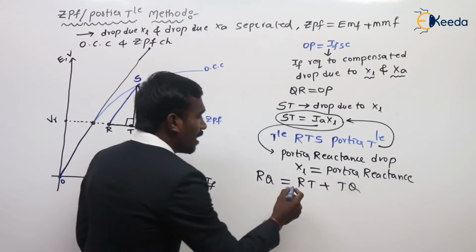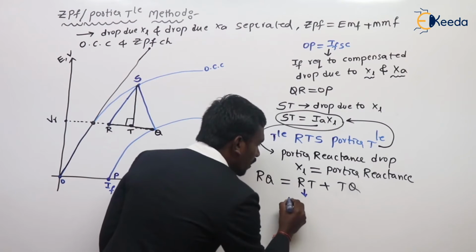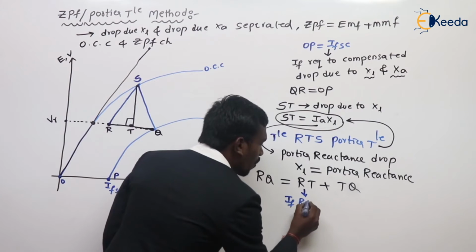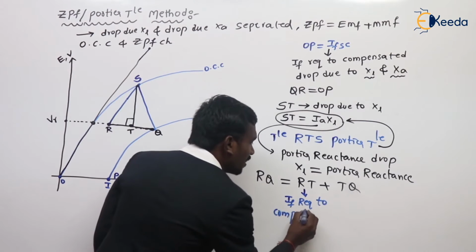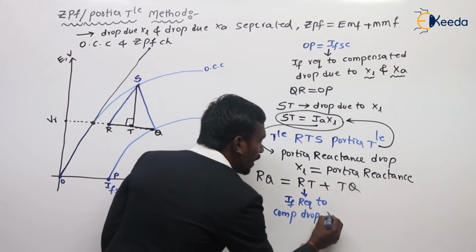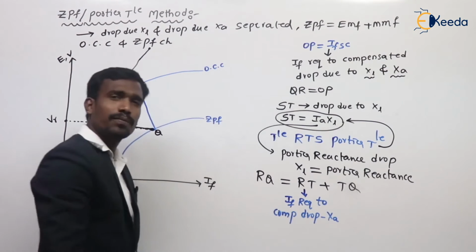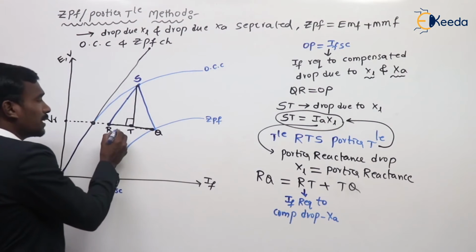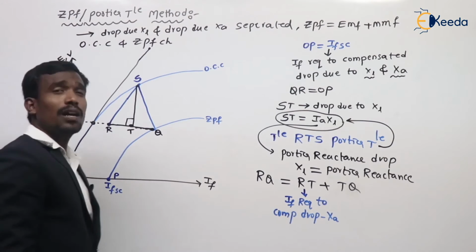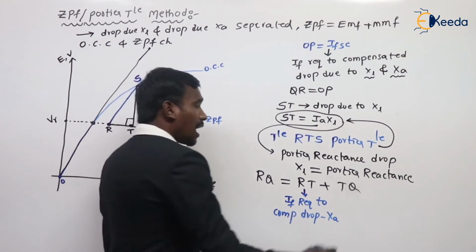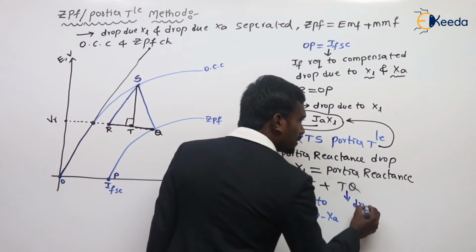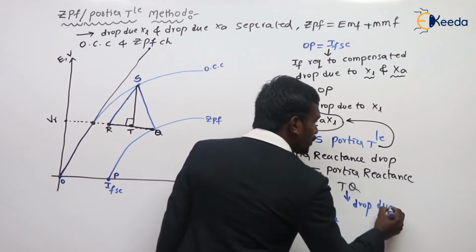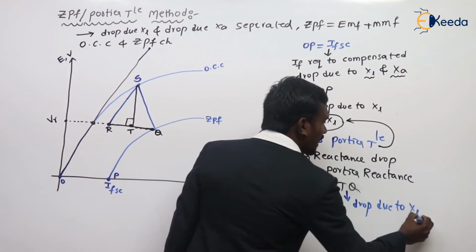Here, RT is the field current required to compensate the drop due to XA. And this is the field current required to compensate the drop due to XL.